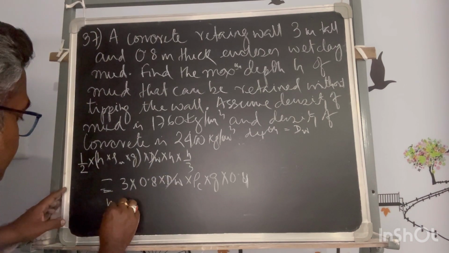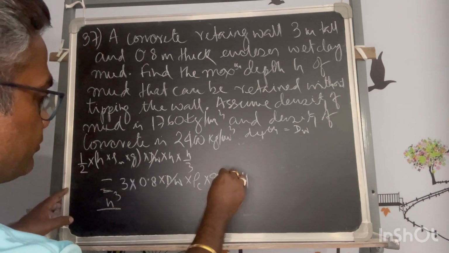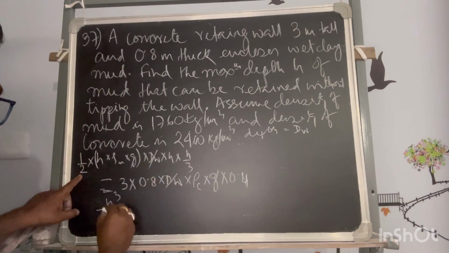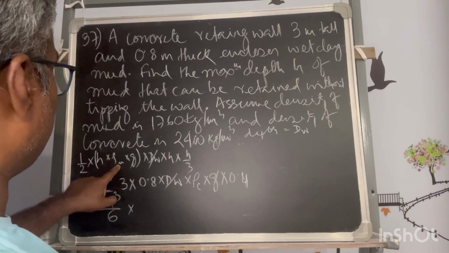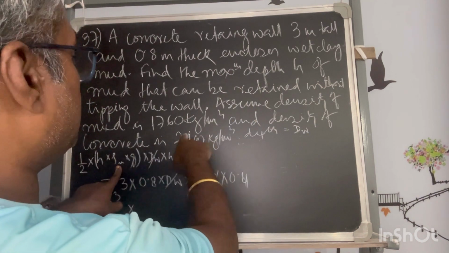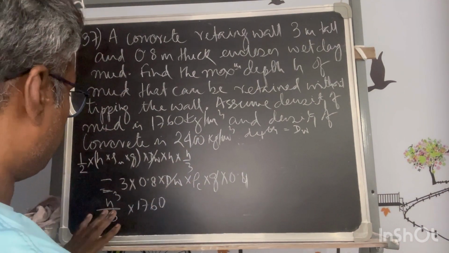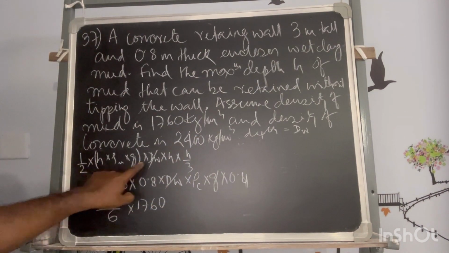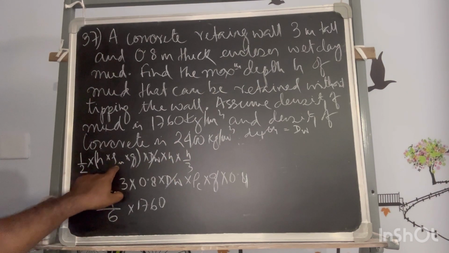So H cube by how much? And G also will cancel, G we will not take, 3 into 2, 6 into rho of mud. Any other thing? No. Rho of mud is how much? Concrete 17, 60. Anything else? No. H gone, 3, 2, rho of mud I have taken.